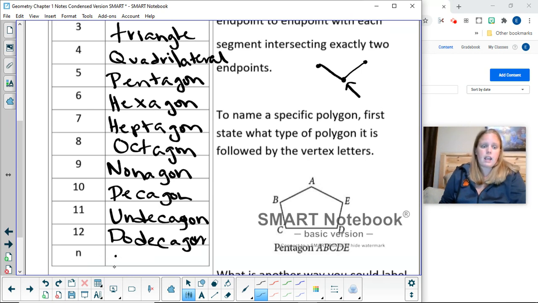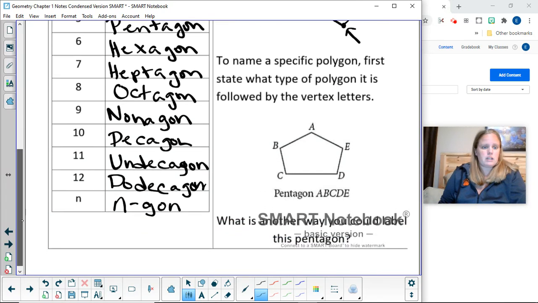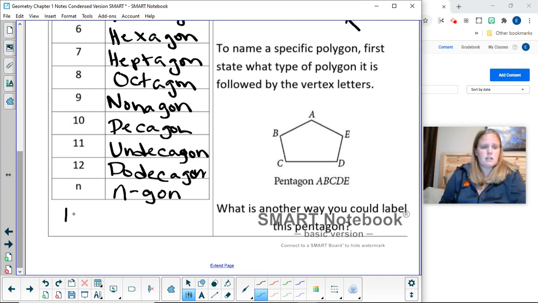We would just say n, whatever that number is, dash gon. So let's put an example on here. Let's say we had 15 sides. I would call this a 15-gon. So any number bigger than 12, we can just put the number in front of the word gon.